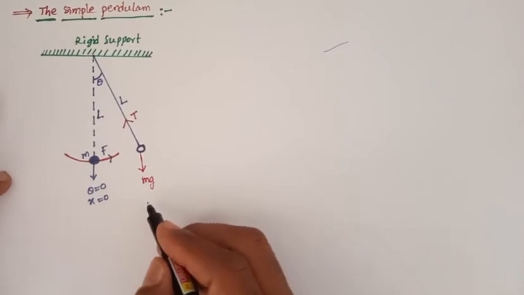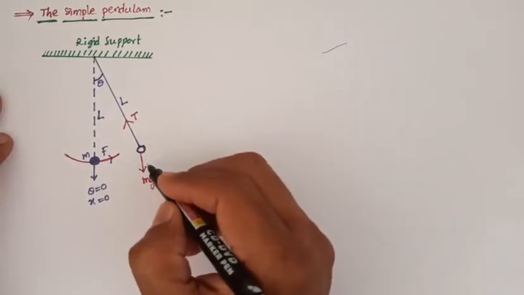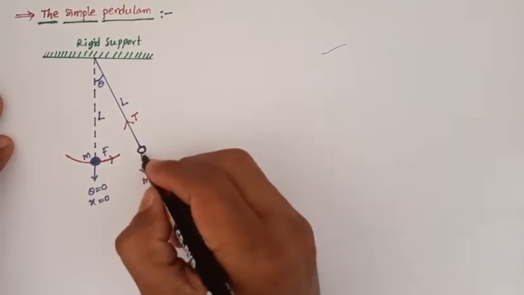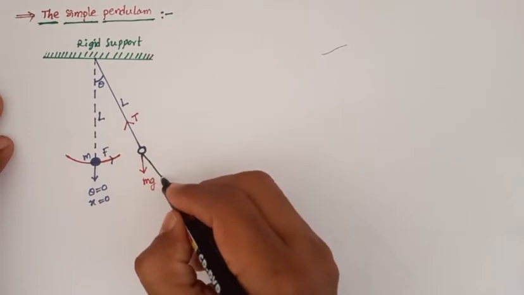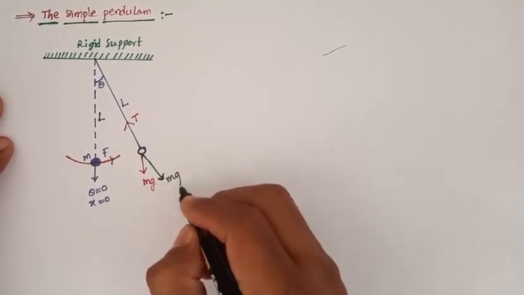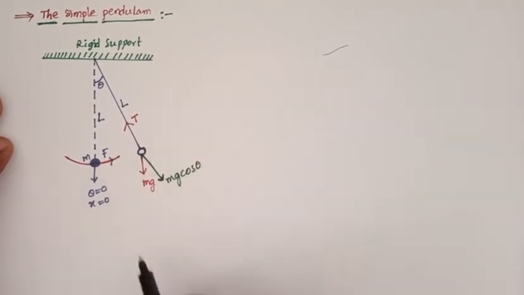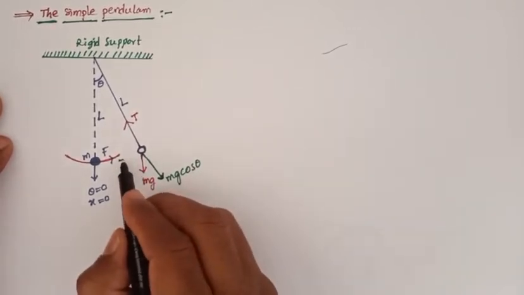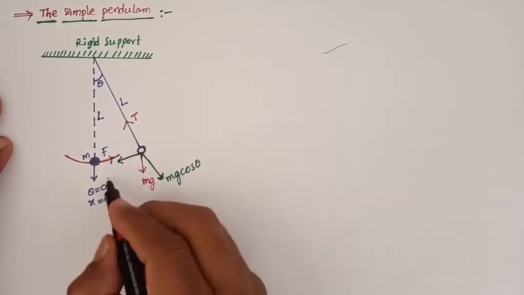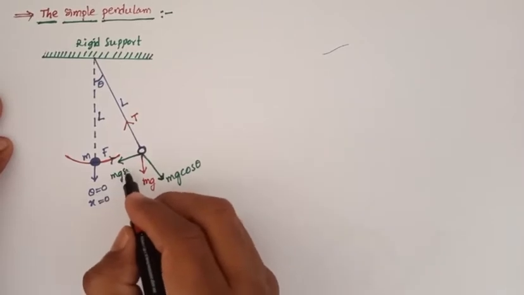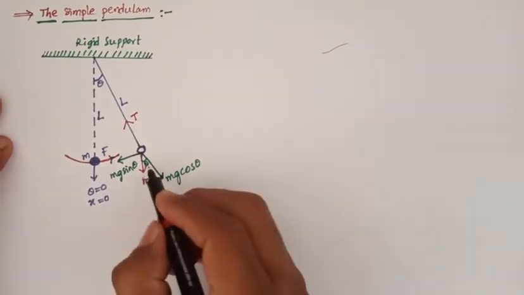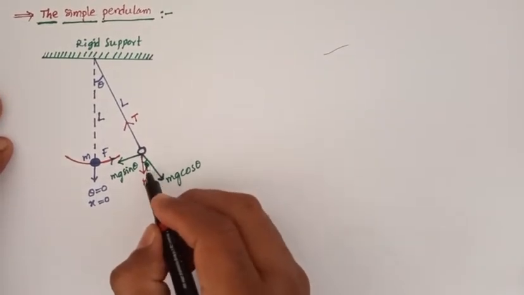into a horizontal component and a vertical component. Here the horizontal component is mg cos theta, and the vertical component is mg sin theta.